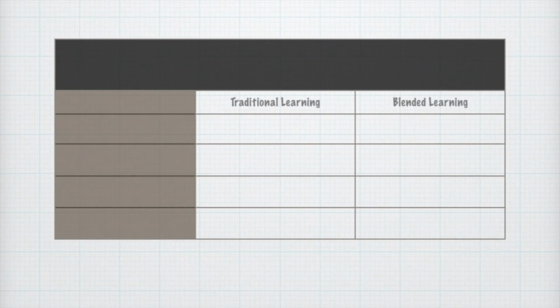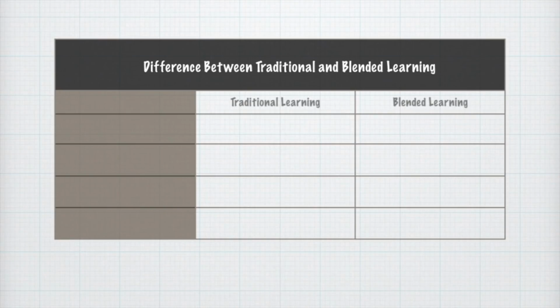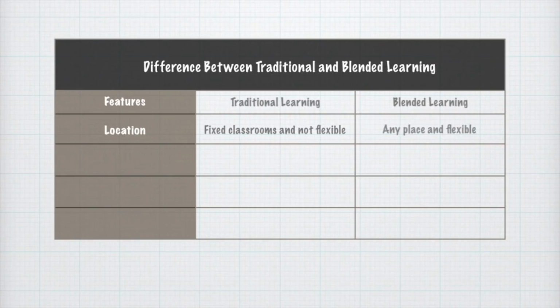Can et al. pointed out the differences between traditional learning and blended learning. One example feature is location, in which in traditional learning, it's fixed classrooms and not flexible, whereas in blended learning, it's any place and flexible.